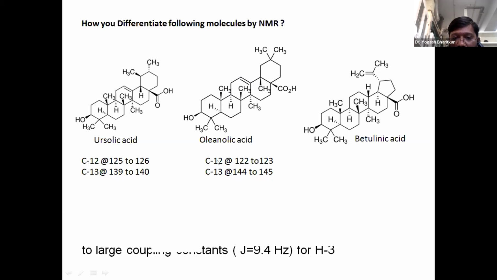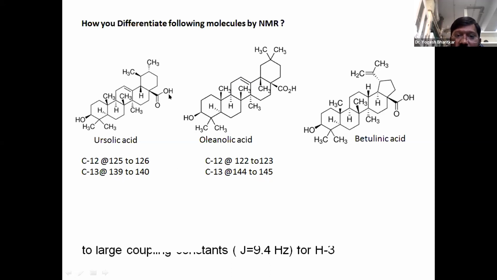The C12 signal is at 122 to 123 and the C13 carbon signal we get at 144. From these main signals we can get information about the ursane or oleanane skeleton.